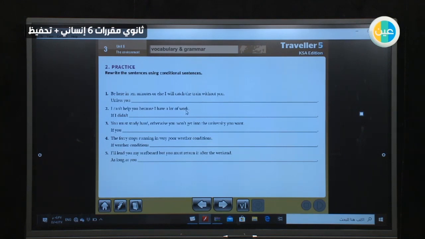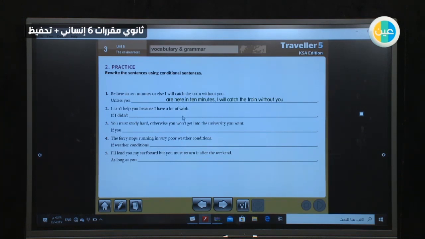So, unless you are here in 10 minutes, I will catch the train without you. This is conditional type 1. It's not a general truth, it's a possible situation.